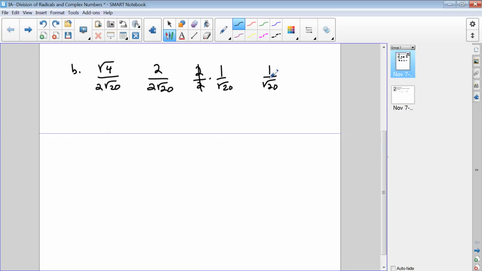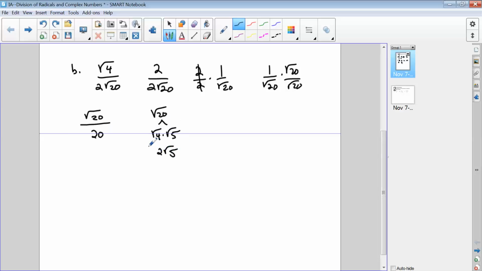As we noticed in the problem before, it's not simplified to leave the radical in the denominator. So I'm going to multiply by the square root of 20 divided by the square root of 20. That gives me the square root of 20 in the numerator, and the square root of 20 times the square root of 20 is the square root of 400, which is 20. Now I need to simplify the square root of 20, which is the square root of 4 times the square root of 5, or 2 times the square root of 5.